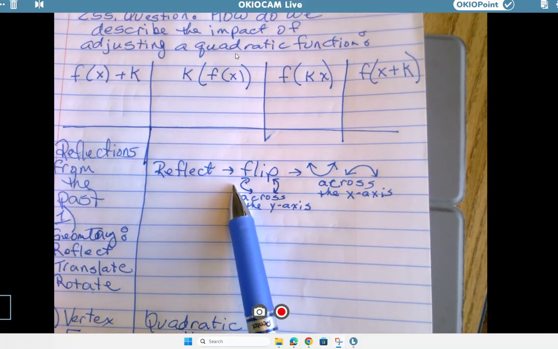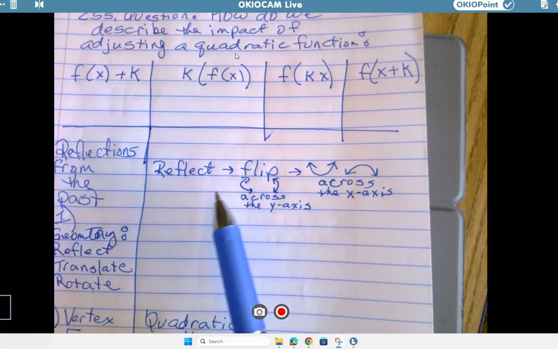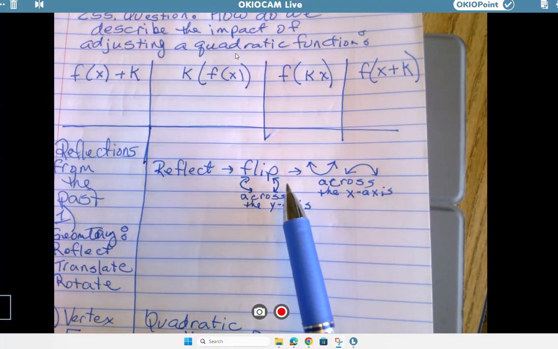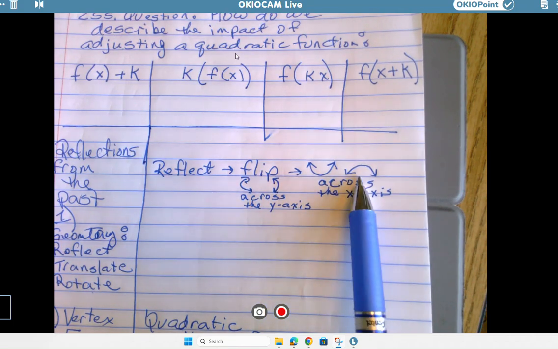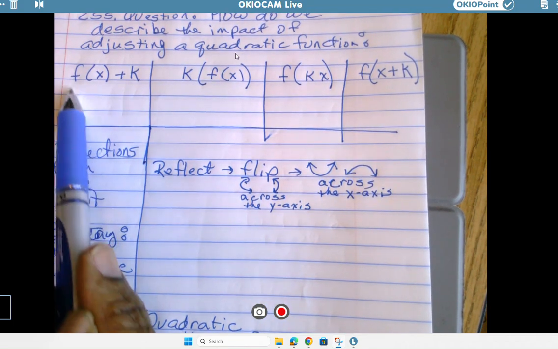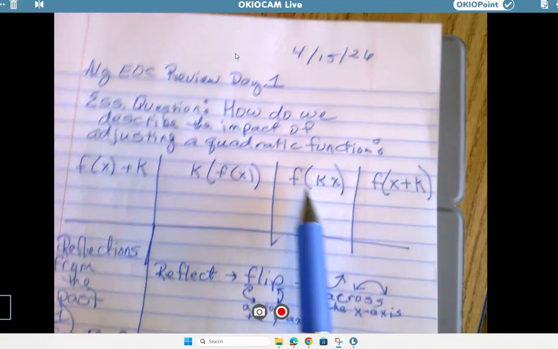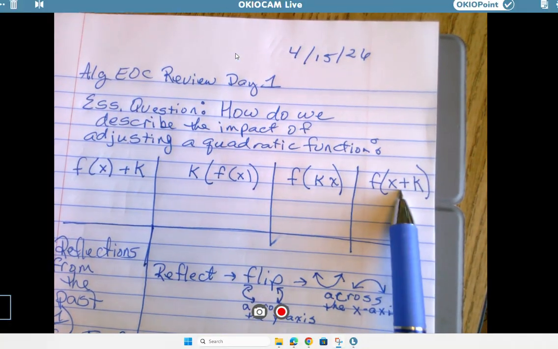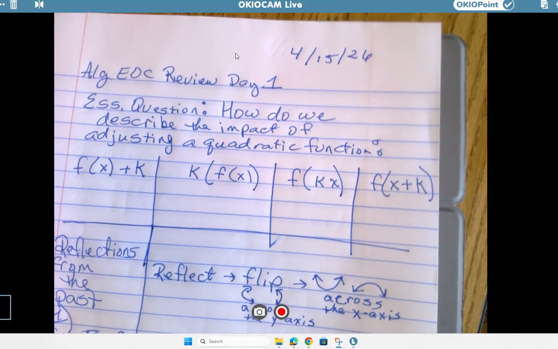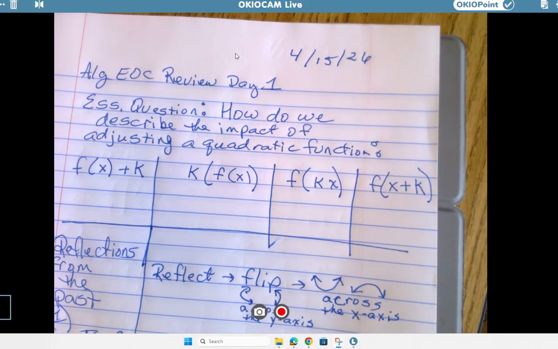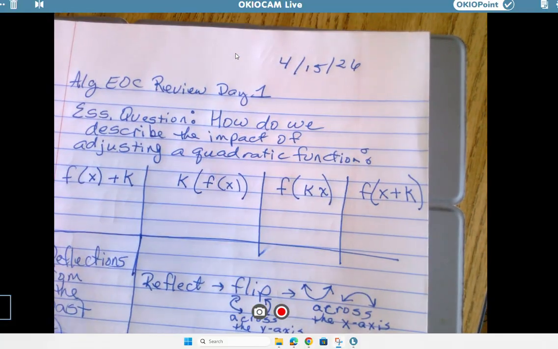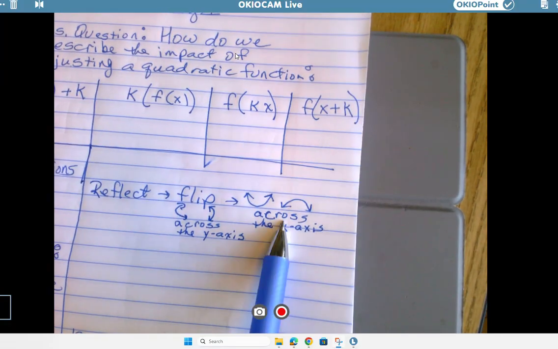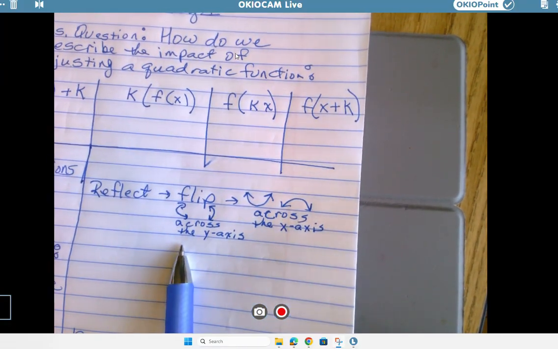What causes a parabola to flip either vertically or horizontally? Would it be this one, this one, this one, or this one? Do we know yet? Alright, here we go again. Big brain, turn it on. Look, a reflection is a flip across either the X or the Y.